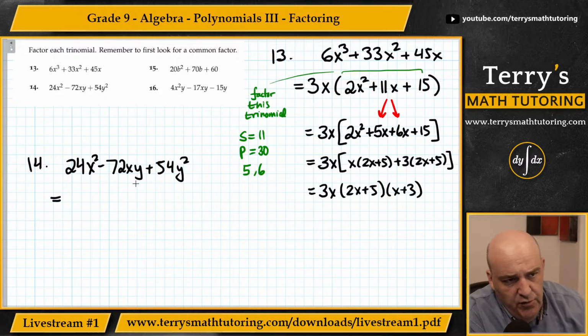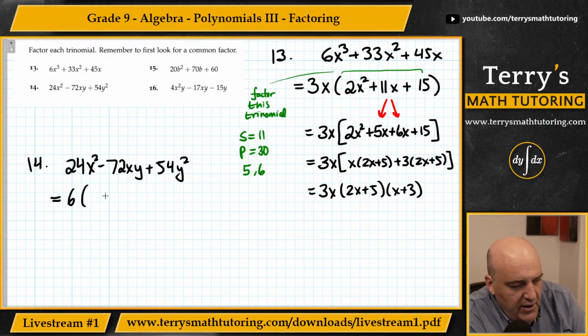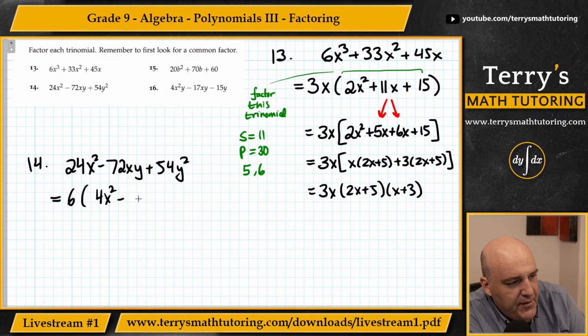But no letters. Here we could pull out an x, but not here. X is present in these two, but not that one. Y is present in these two, but not that one. So let's pull out a 6. And then we get 4x squared. What's 72 divided by 4? I should know that.